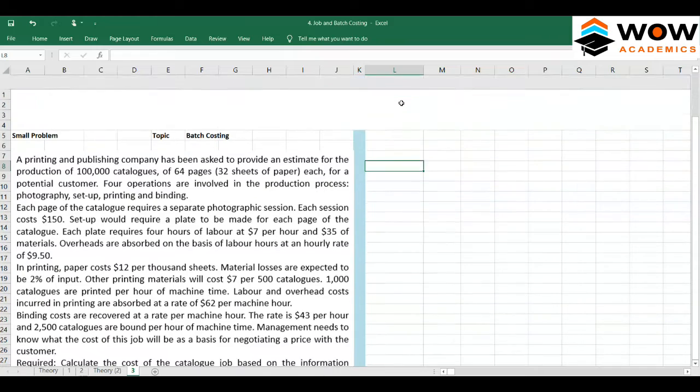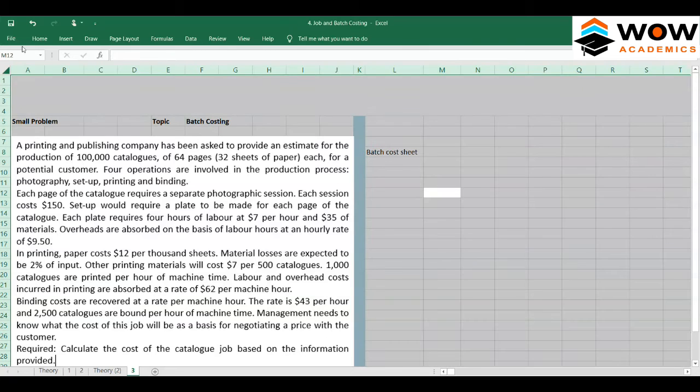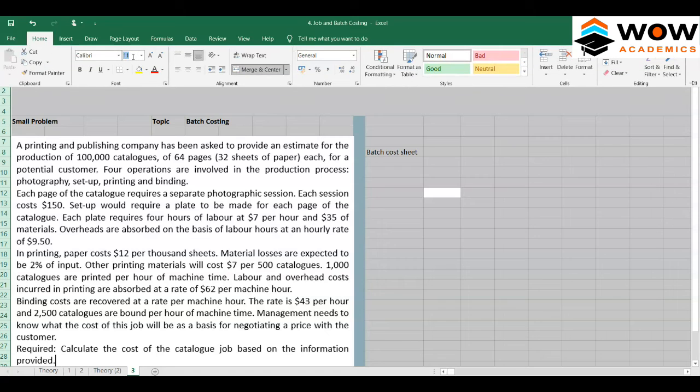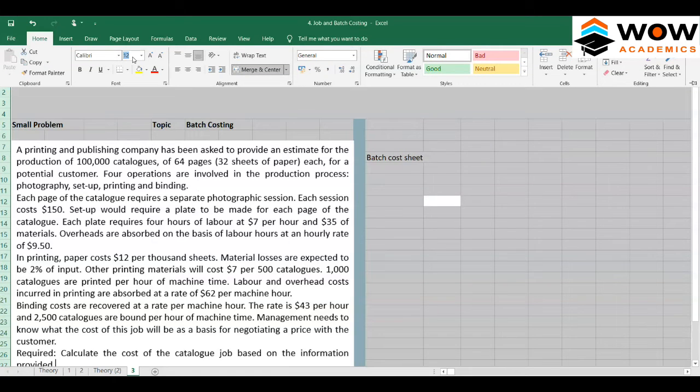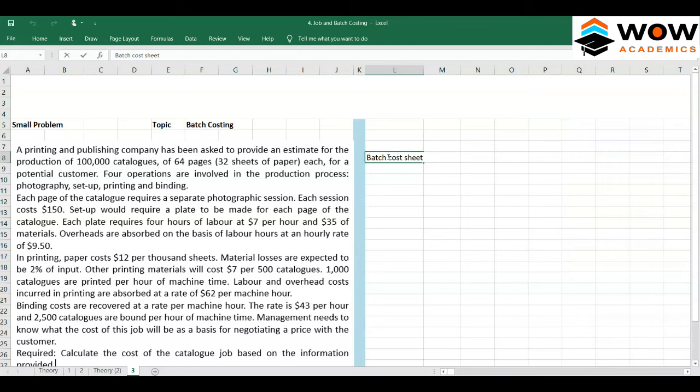What we'll do is prepare a batch cost sheet. We will try to find out the cost for 1 lakh catalogs directly.